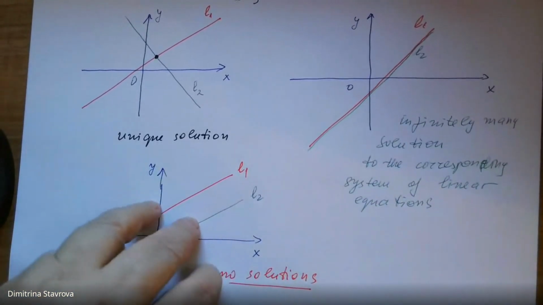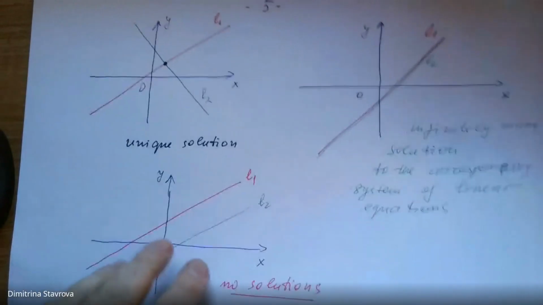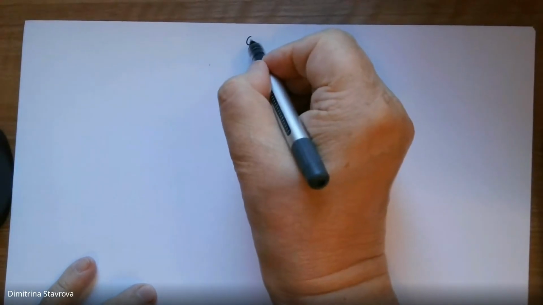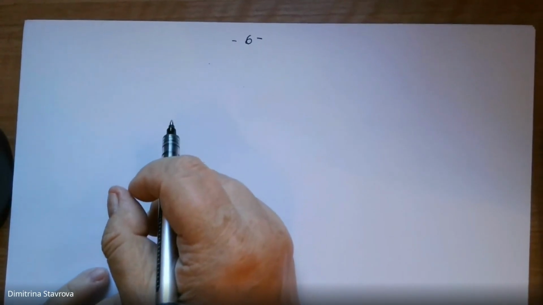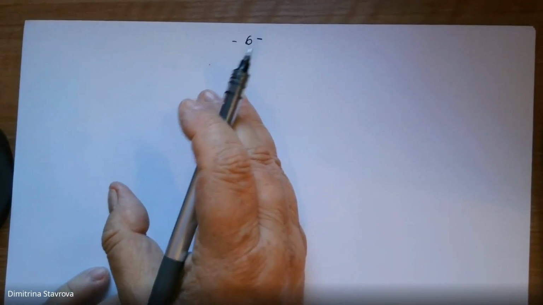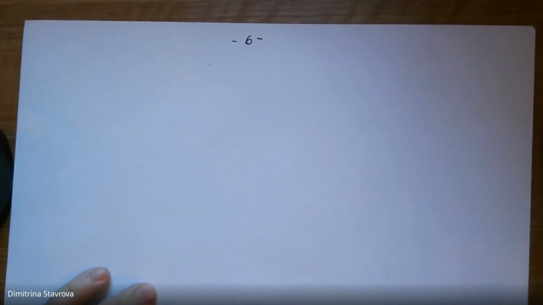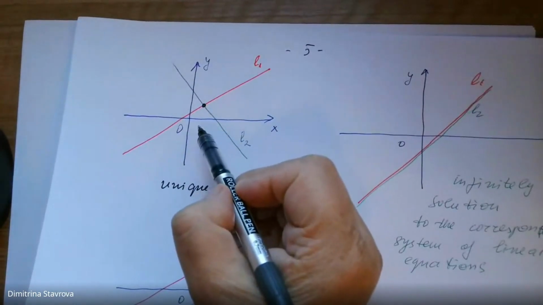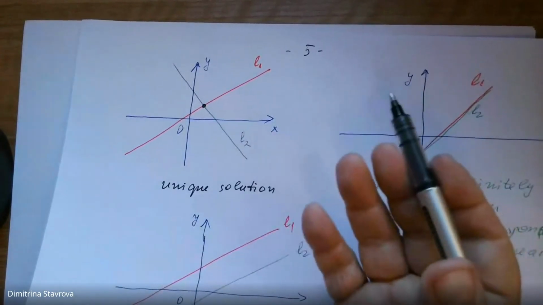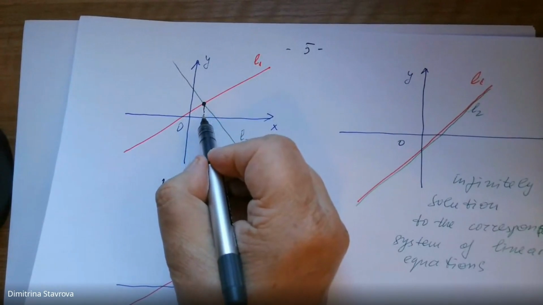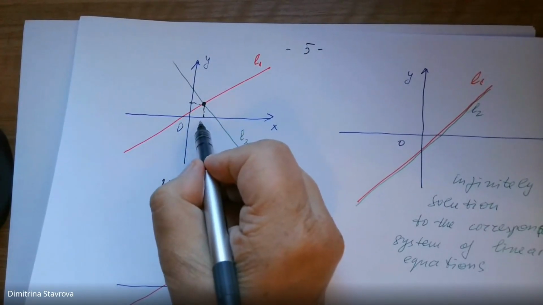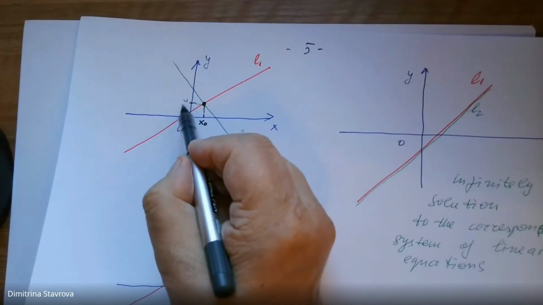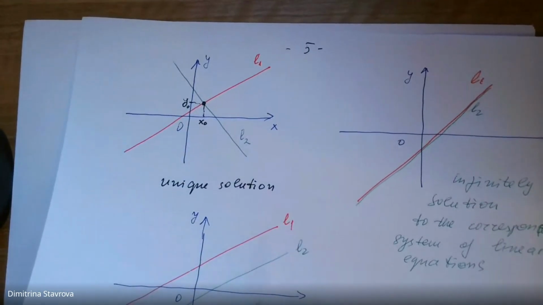Of course, if we have a system of linear equations, two linear equations with two variables, we don't always have to resort to drawing the corresponding lines and finding the point of intersection, because this point of intersection is clear from the picture, but in order to solve the equation, we should know its coordinates x0 and y0, respectively.